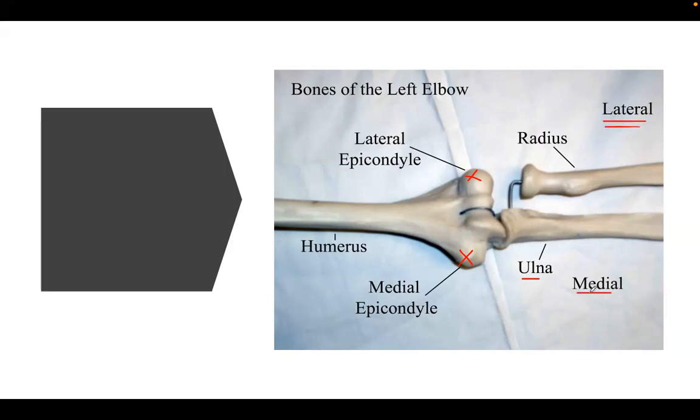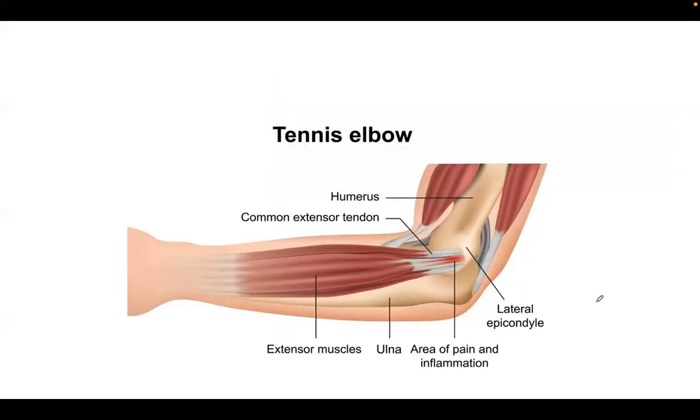The ulna is medial. Always remember that anatomic orientation. Now, for the tennis elbow, is the tennis elbow a lateral or is it a medial epicondylitis? What is the tennis elbow? Let's engage everyone. Let's see all of your answers.